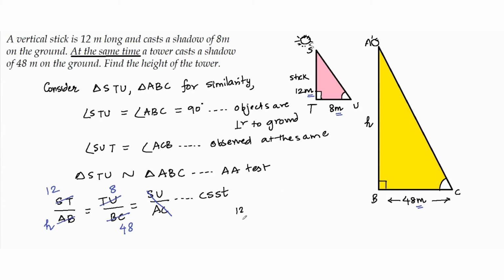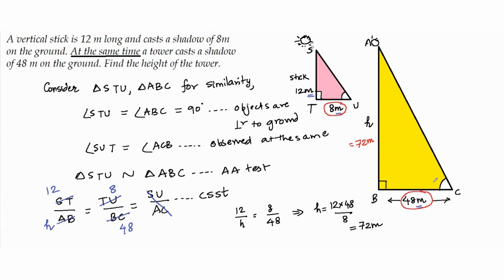Now let's evaluate this. We get 12 upon H is equal to 8 upon 48, which means H is equal to 12 into 48 divided by 8, which is going to be 72 meters. Therefore, the height of the tower is 72 meters. It makes a lot of sense, because if you notice, 8 is being multiplied by 6 and it becomes 48.